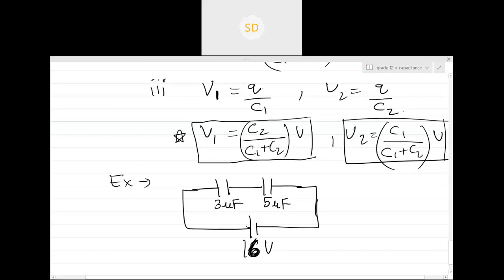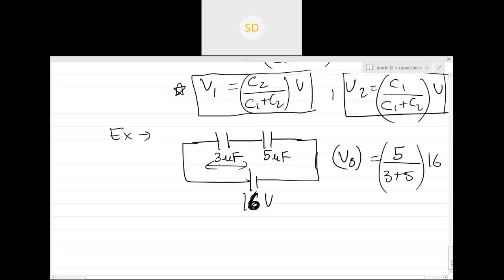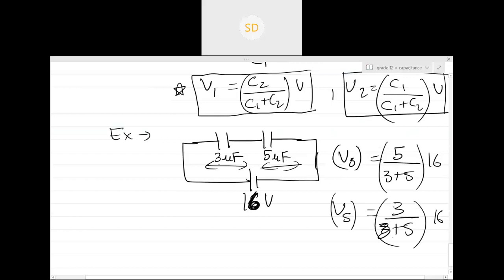V1 is basically C2 upon C1 plus C2 into V. So the potential difference across 3 microfarad will be 5 upon 3 plus 5 into 16. Are you getting my point? Directly you will do this. If someone asks the potential difference across 5 microfarad, it is 3 upon 3 plus 5 into 16. Is this clear, guys?